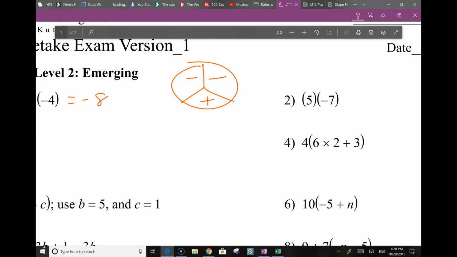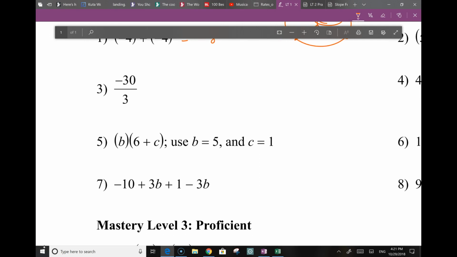Since my 5 is positive, I'm going to cover the plus sign or the mouth. And because my 7 is negative, I'm going to cover one of the eyes. That leaves only one more eye, which is a negative, and that means my result will be a negative number, and then 5 times 7 is 35, so the answer is -35. Okay, moving on. Number 3, same idea, and we would get -10.